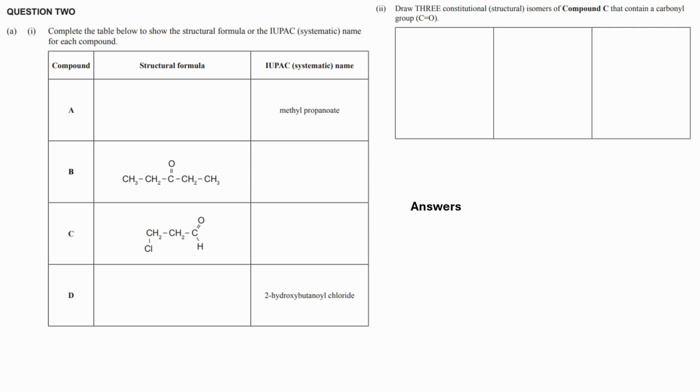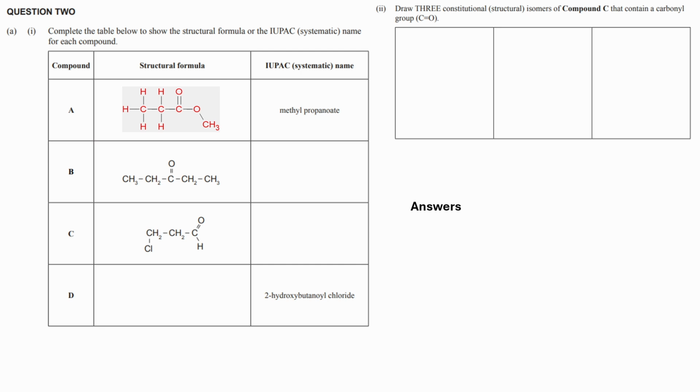So hopefully you recognize that that is an ester. The methyl is the alcohol group, and the propanoate is the side that contains the double bond oxygen. Okay, so the carbonyl group. So, and remember, those two things are joined by an oxygen in the middle. So here we are, we've got methyl here and propanoate on the left.